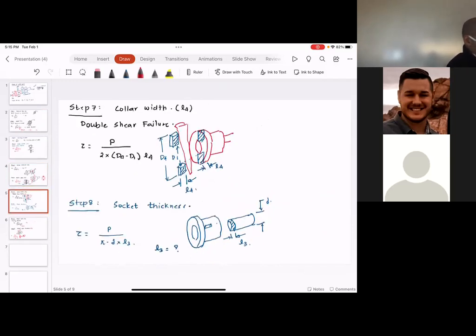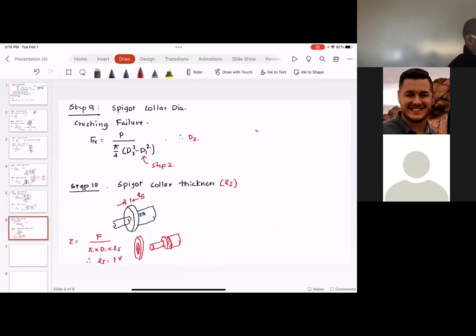Then we look at the thickness, and that comes because the cotter is shearing the collar. Then we find out the socket thickness, and then we go back to the spigot. We find out the spigot collar diameter, which is because of the crushing. And finally, we find out the spigot collar thickness.